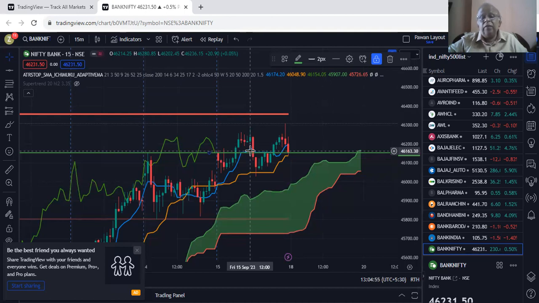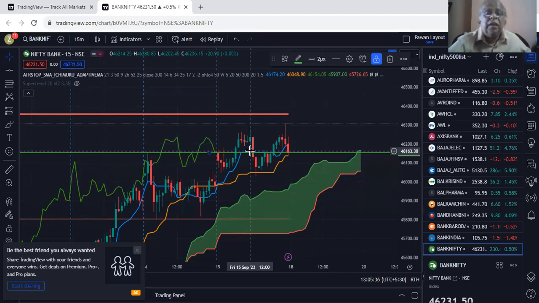An aggressive buyer, I am just saying, an aggressive buyer can enter into the trade because Kijun will provide some support. Or for safer players, one should get the trade confirmation. Don't enter at the level of Kijun. Just see whether the top of the candle has been breached or not.